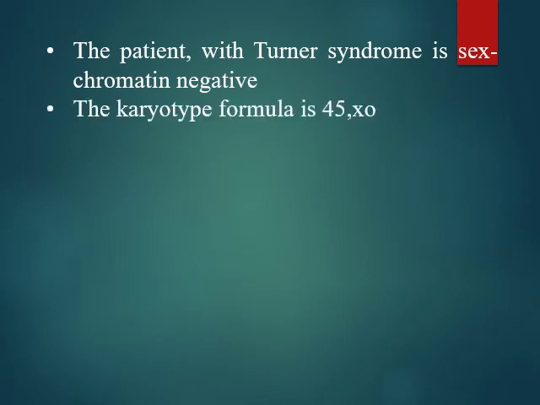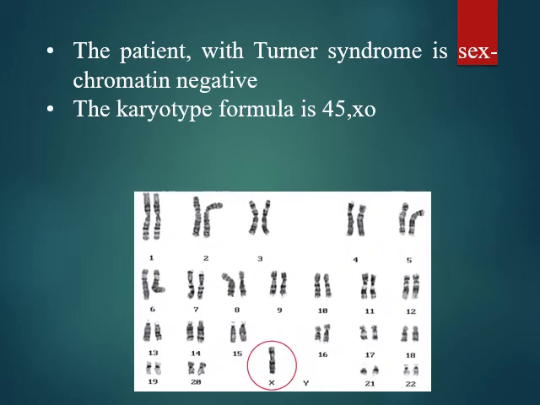Why is the sex chromatin negative? Due to the absence of one of the X chromosomes. When applying the equation X minus 1, the result is 0, or no chromatin or no bar body. The karyotype formula is 45,XO.